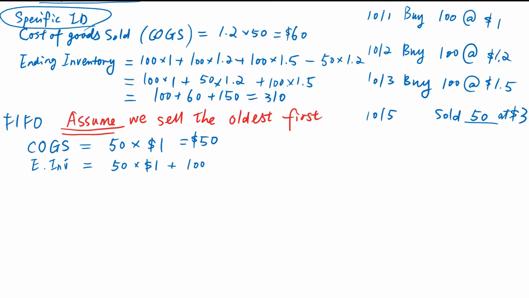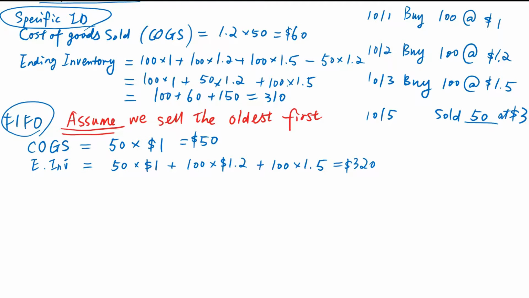You will still have 100 of the $1.20 apples left, and you will still have 100 of the $1.50 apples left. All right, so this would give you 50, 120, 150, $320 worth of apples. As you can see, just because we chose a different method, the cost of goods sold and ending inventory are different from the specific identification method.